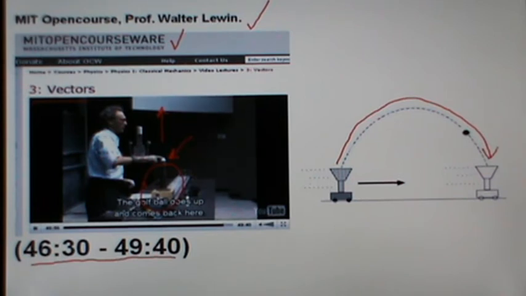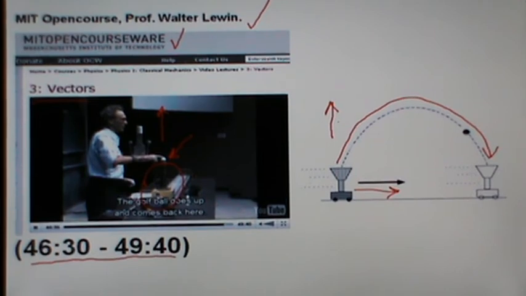This demonstration shows that parabolic motion is a combination of two motions: the motion with constant velocity and the motion with constant acceleration. In this case, it's a free fall motion. Now look at this example.